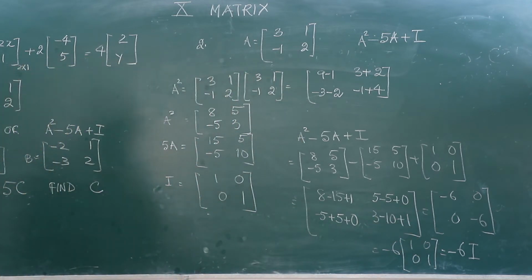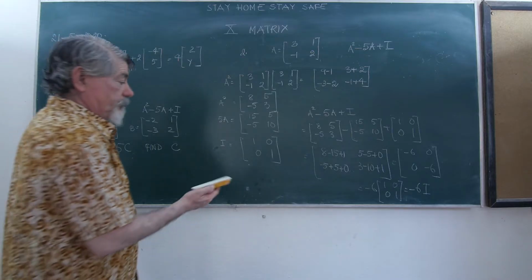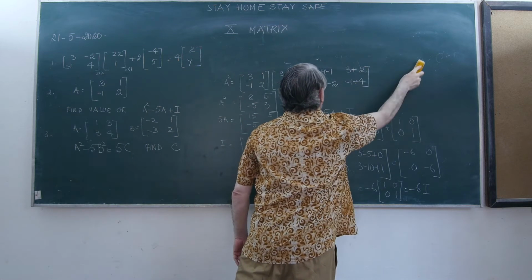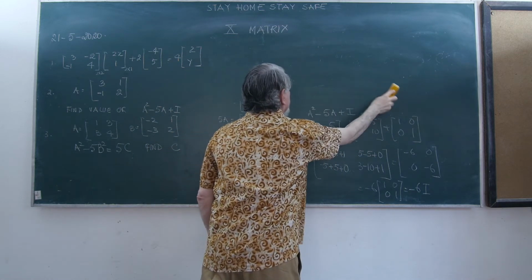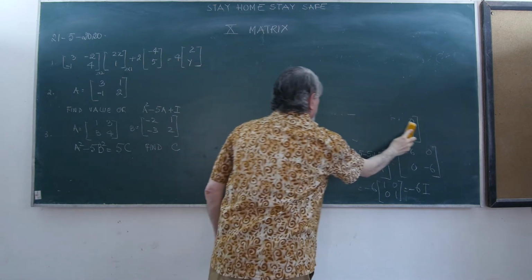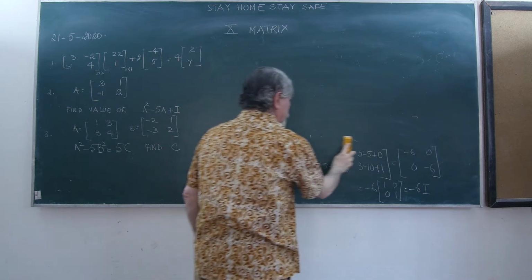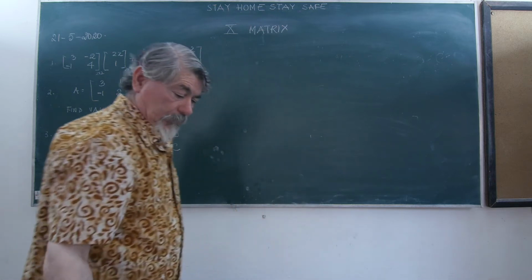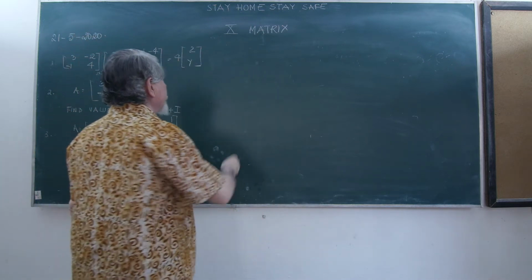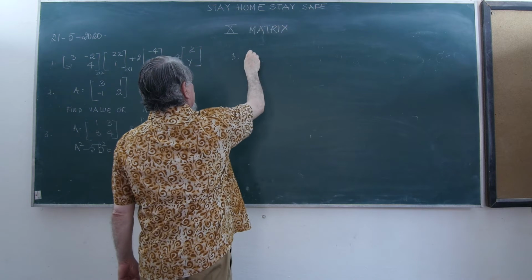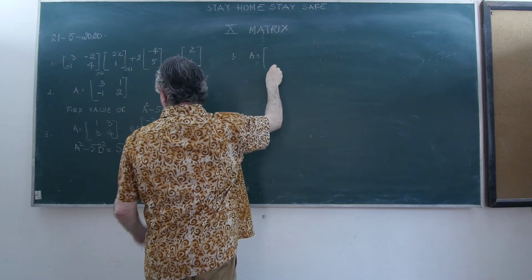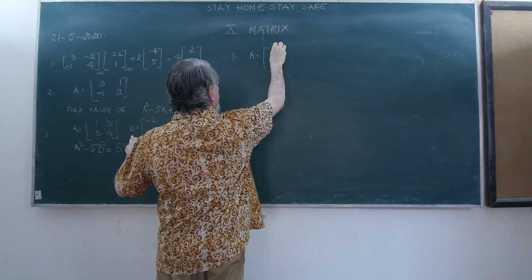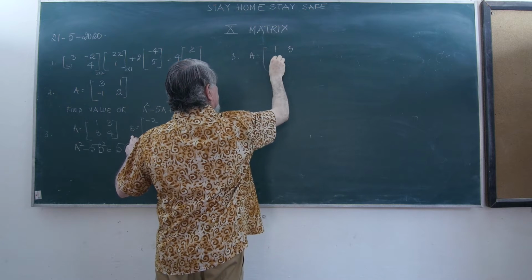Now let us find the value for the third question, where he has given you the matrices A and B. Matrix A is 1, 3, 3, 4.